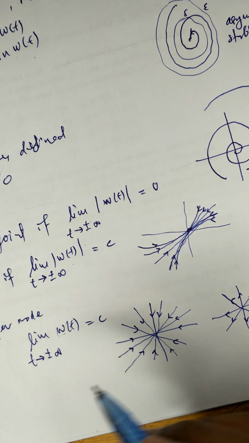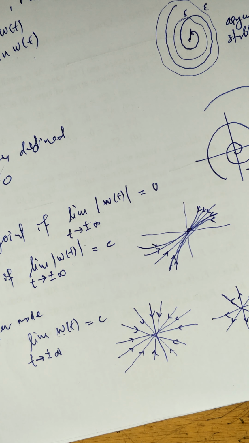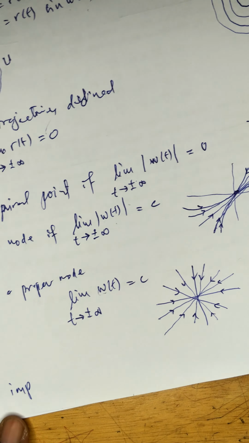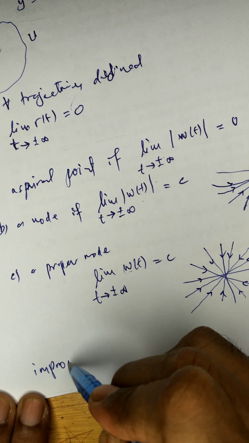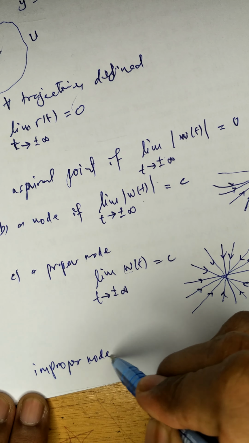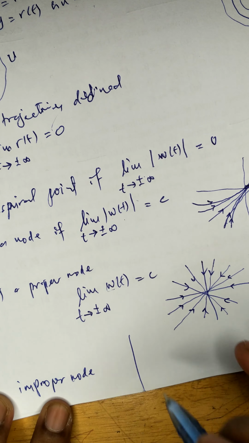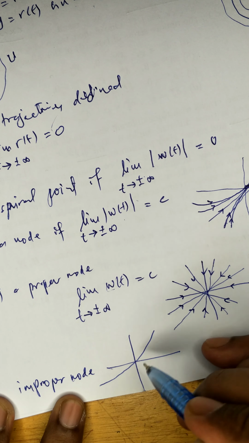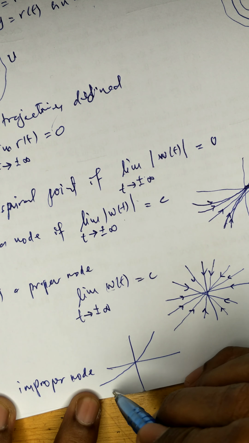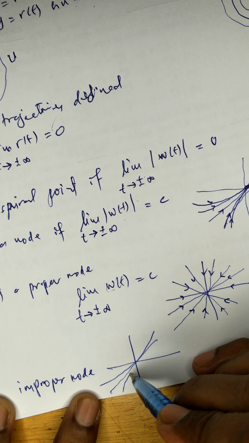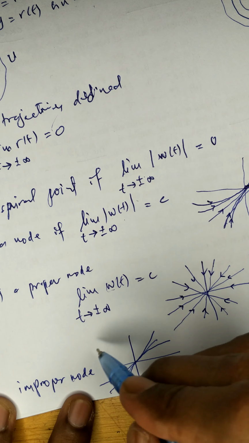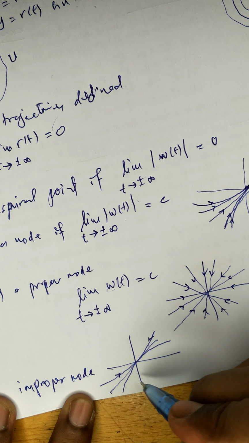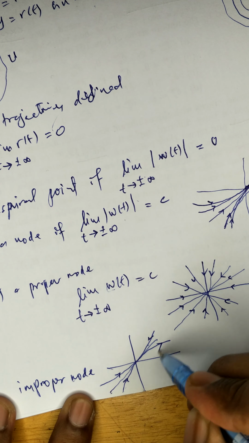Okay, and we also have the improper node. If the trajectories look like the direction is mixed, some go inside like that and some go like that.